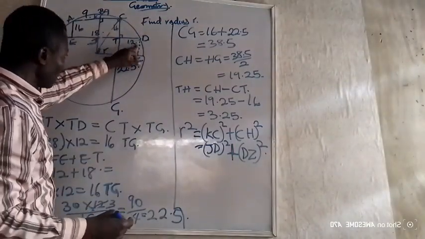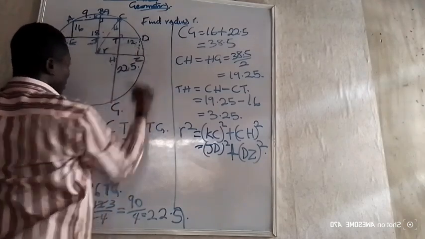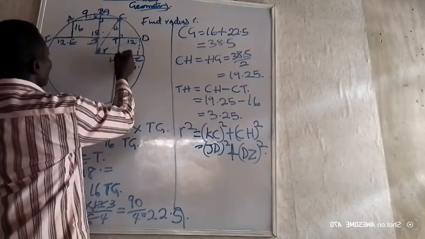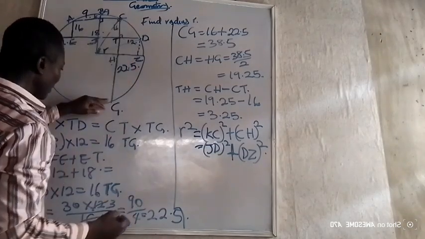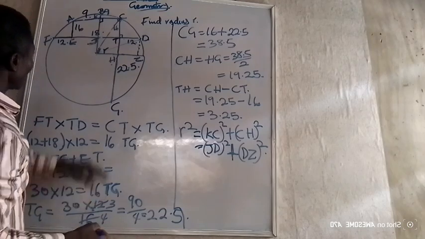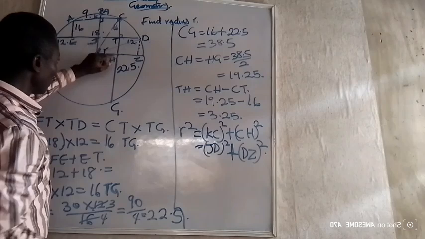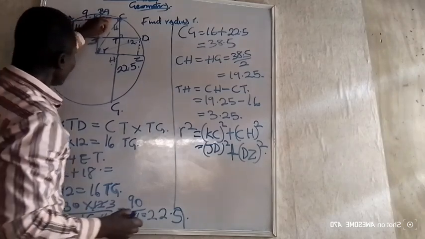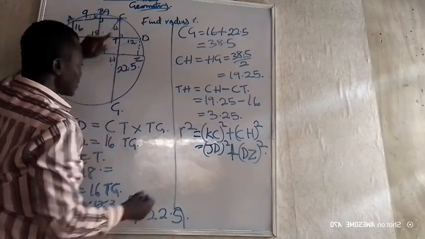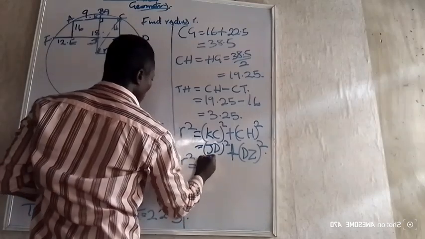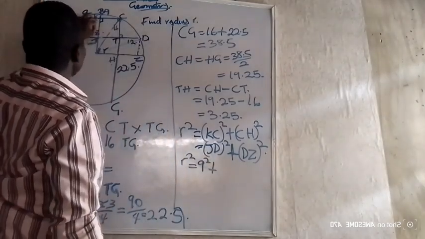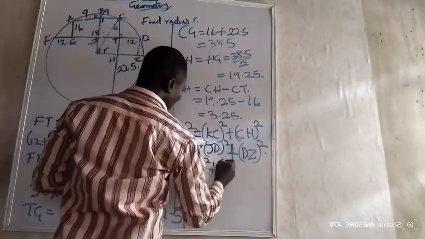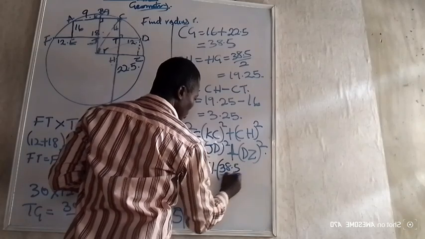If we use either of these two, this place to this place is 9 plus 12, 21, and this place to this place we've gotten is 3.25. Or we can use this place: from this place to this place we got TG, that is 16 plus 22.5 divided by 2. So KC is 9, squared, plus CH, which is 38.5 over 2, that is 19.25, squared.